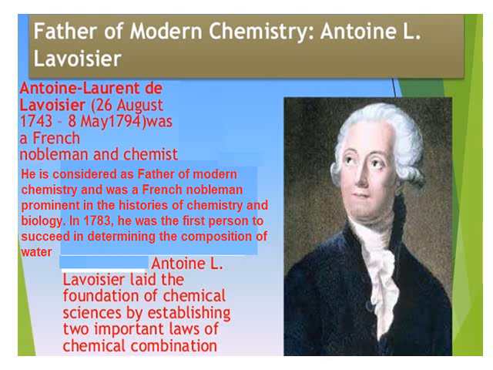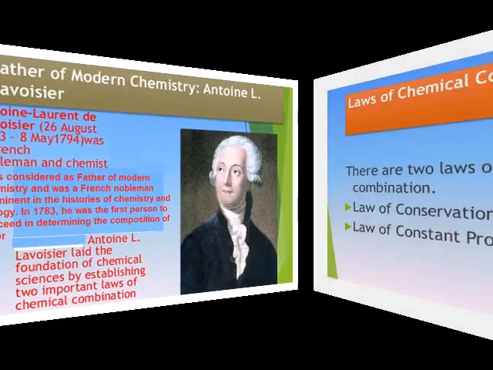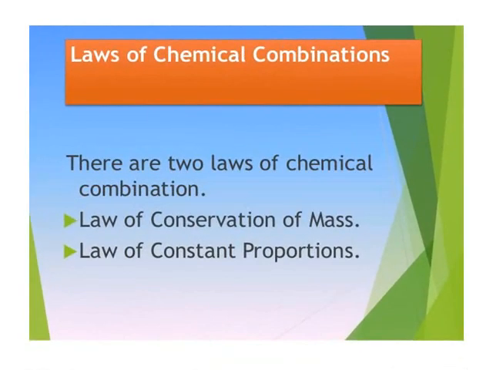So Antoine Lavoisier laid the foundation of chemical science by establishing the two basic rules in chemistry, which we are going to see in detail. The two laws of chemical combination given by Lavoisier are the law of conservation of mass and the law of constant proportion. So we'll learn about this in the upcoming slides.